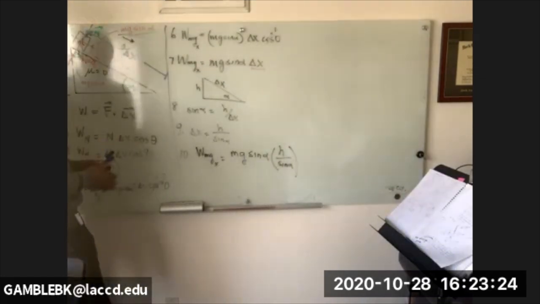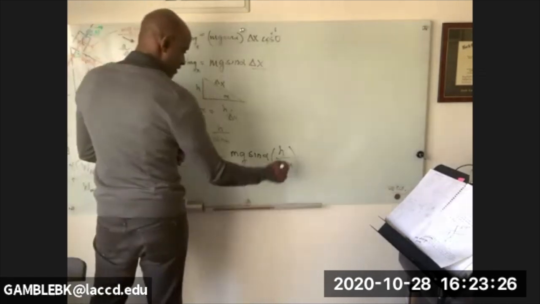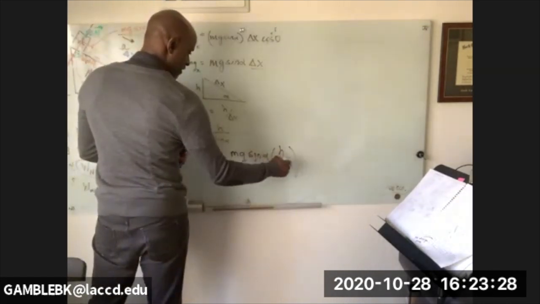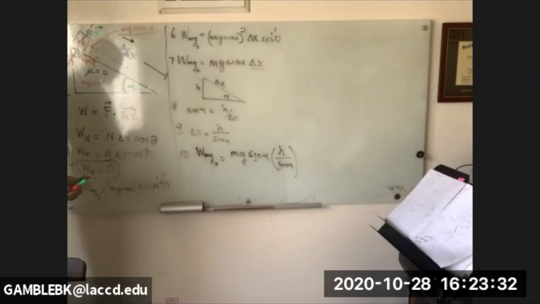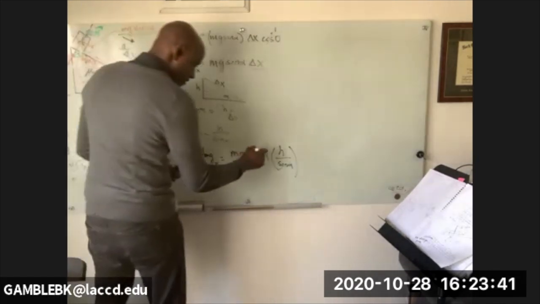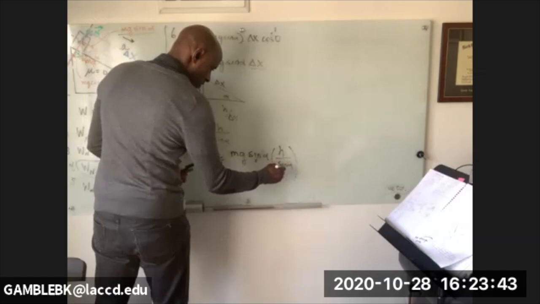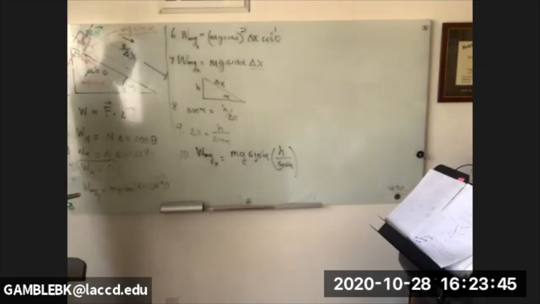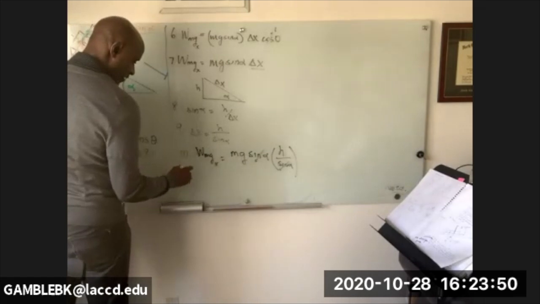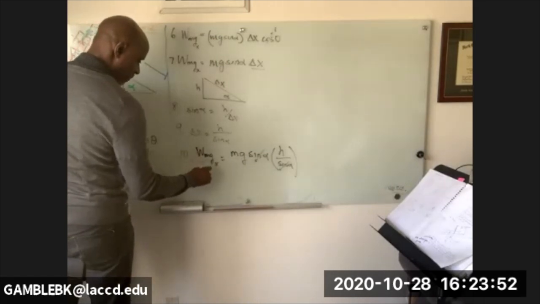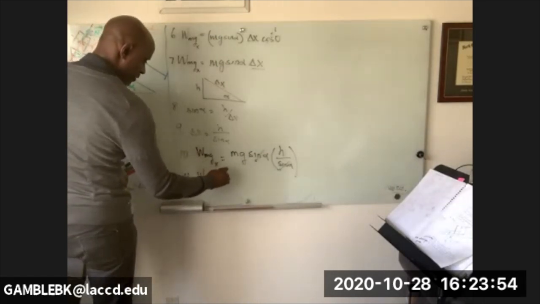Look at that. The sine alpha goes out, and I am left with mgh. The total work done equals mgh.